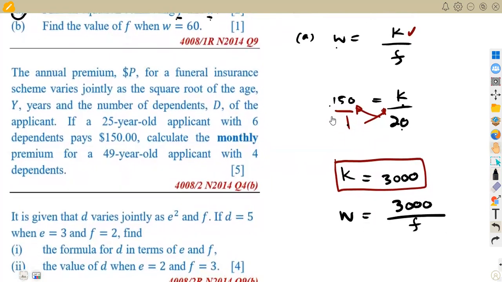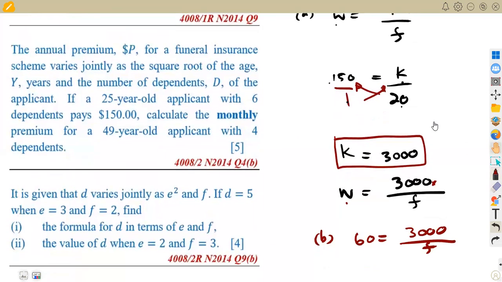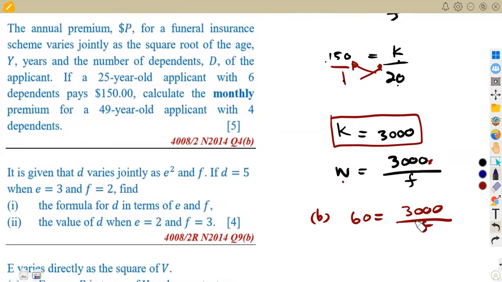Then from the formula, find the value of F if W is equal to 60. So like I said, this one is now a continuation. We are given the value of W. So W is equal to 60. At that moment, we are supposed to calculate F. So this K is a constant, does not change. So we are simply going to calculate F from there. So to find F, we can simply cross multiply here. 60 times F, that is going to be 60F is equal to 1 times 3,000, which is going to be 3,000 in this case.